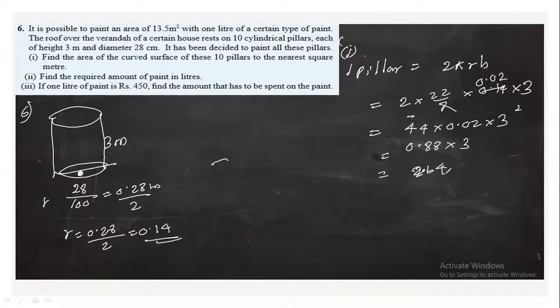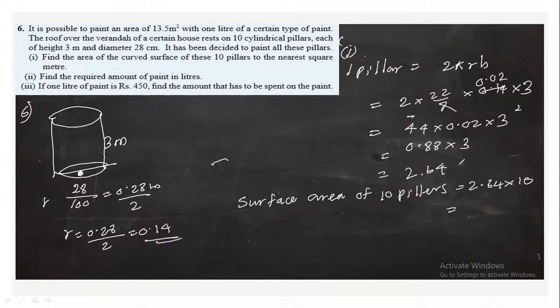Then we have to get the surface area of 10 pillars, because I have done a mistake of 1 decimal place. 2.64 into 10, that is how much? 26.4 square meter. Then approximately this value is 27 square meter. That is the first part of this.